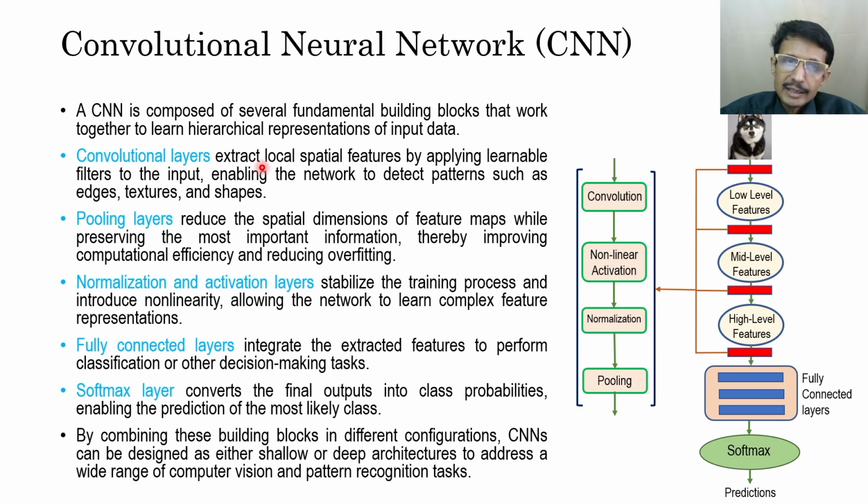The convolution layer extracts local spatial features by applying learnable filters to the input, enabling the network to detect patterns such as edges, textures, shapes, etc. Now, what does this mean? We'll come to a more detailed picture of what exactly happens.